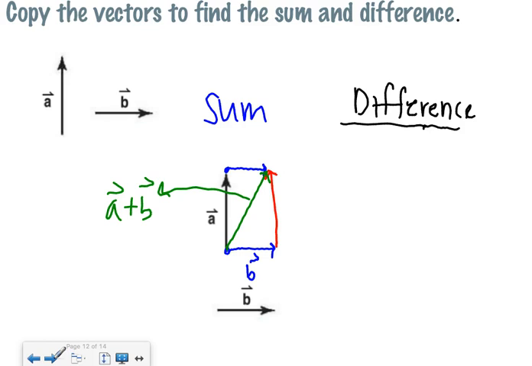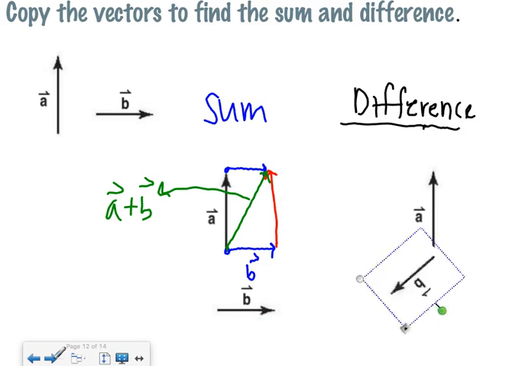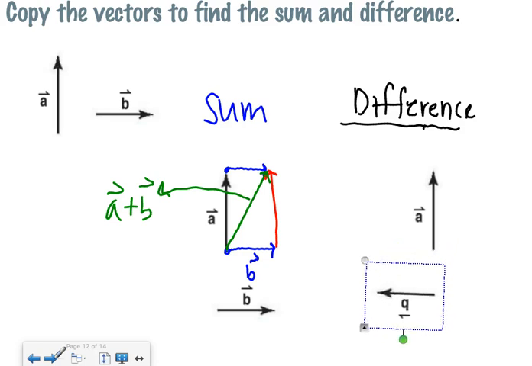Okay? So the only difference from the sum and the difference is you're going to start off the same way by copying down your first one. So copy down A. But with your second vector, guys, you change its direction. So do you guys see how I'm pointing to the right now? I'm going to flip it so it points to the left. And then you connect it.